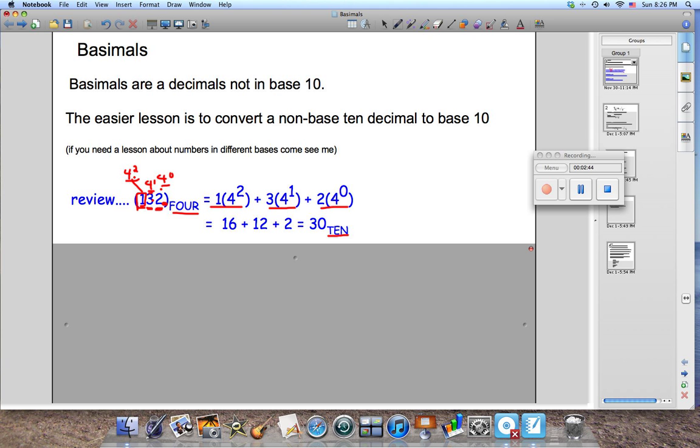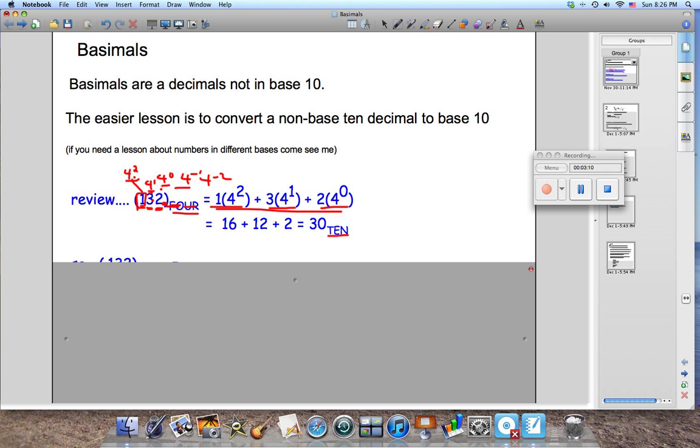The next position, the tenths position, which is 10 to the negative 1, is the 1/4 position. It's 4 to the negative 1. The next position, which would be the hundredths position because it's 10 to the negative second, is 4 to the negative second. So this is how you convert decimals that are in a different base into base 10. It's the same way we did this conversion here.